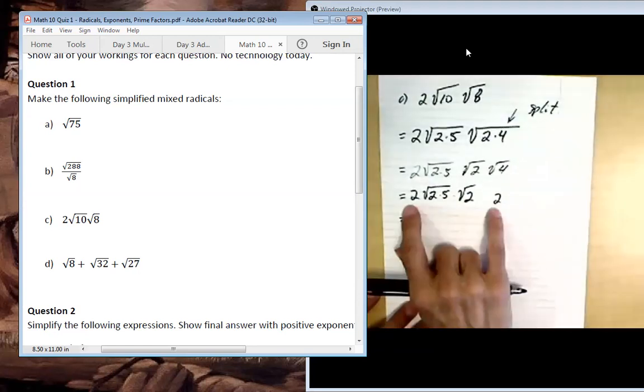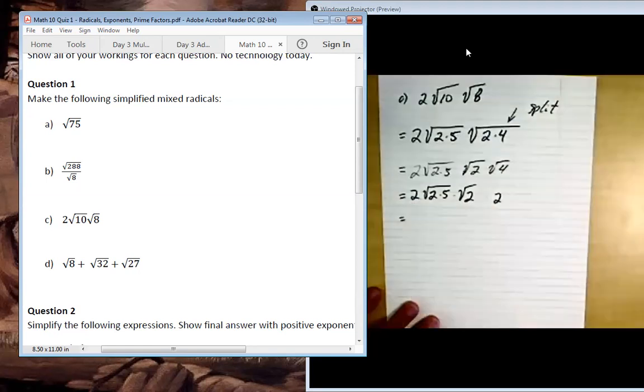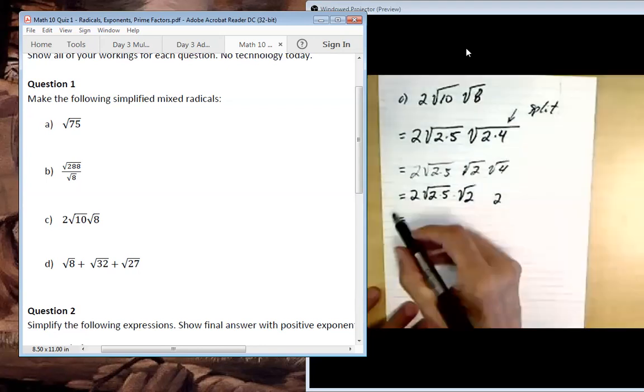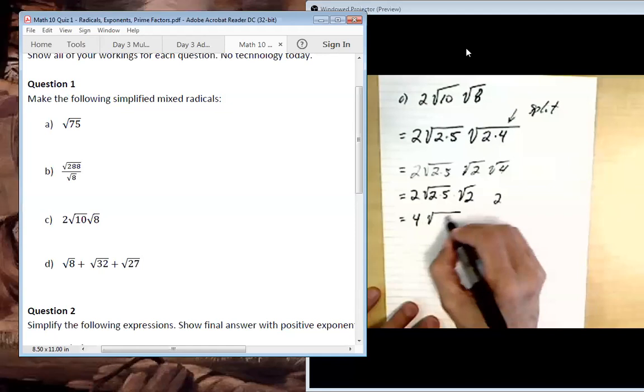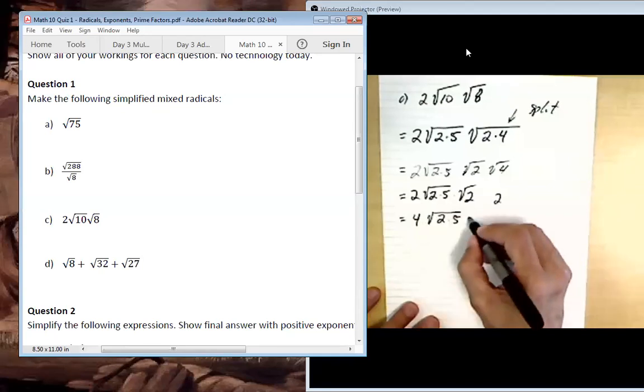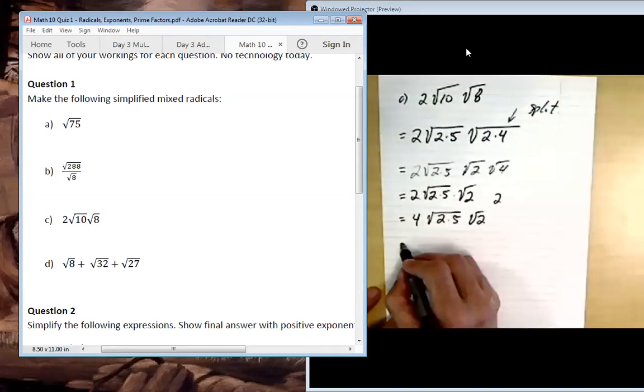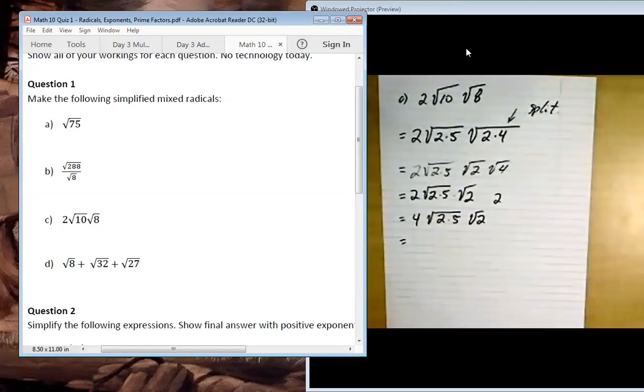Those can be multiplied together, so that creates a 4 like that. Getting there. What can we do next?